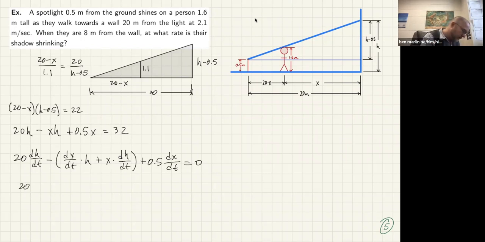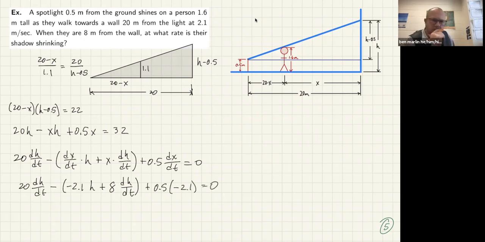So 20 dh dt minus, he is walking towards the wall, so that meant negative 2.1 h plus, he is how far from the wall? 8 meters dh dt, and then plus 0.5, and the dx dt we said was negative 2.1. Okay, so a little bit messy.